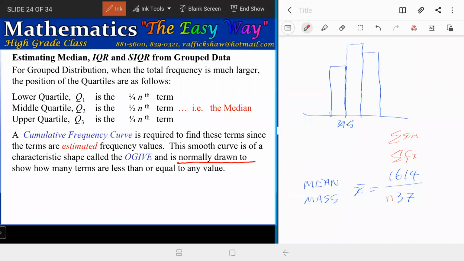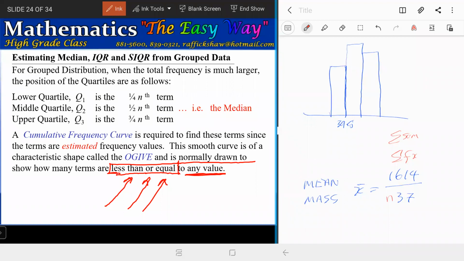Right, and it's normally drawn to show how many terms are less than or equal to any given value. Now, why do we need to show that? Because we don't know the actual values of the data. We only know how many terms are less than, or less than or equal to, a given value.